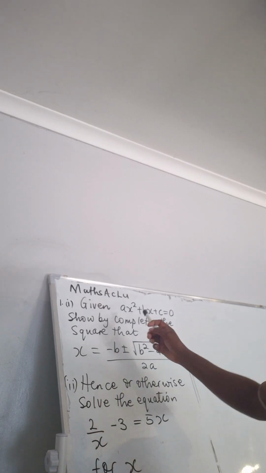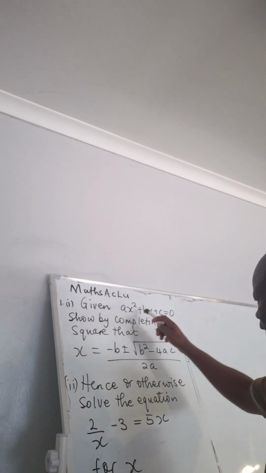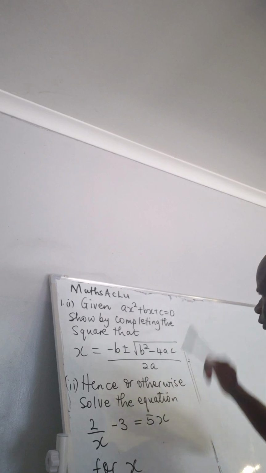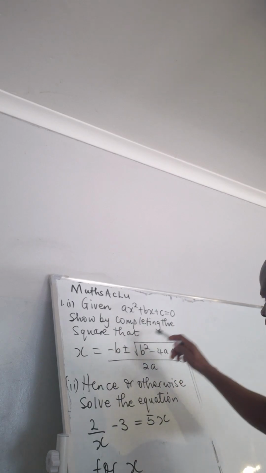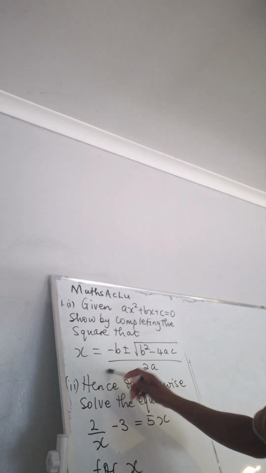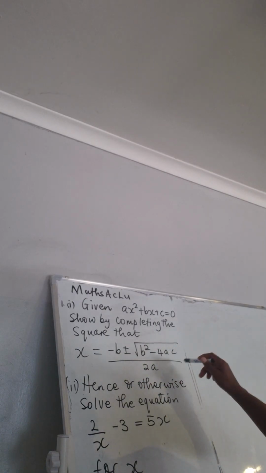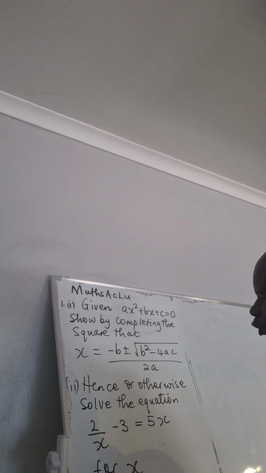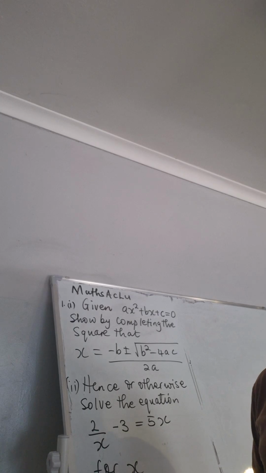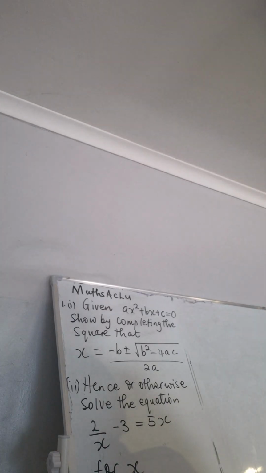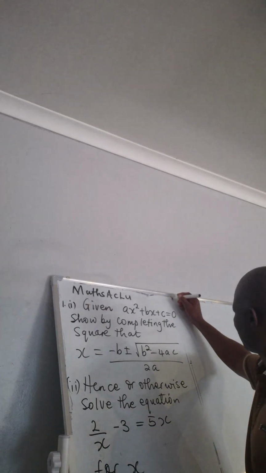So I have a question here. Given ax squared plus bx plus c equals 0, show by completing the square that x is equal to minus b plus or minus the square root of b squared minus 4ac all over 2a. Right, we are going to show that one.